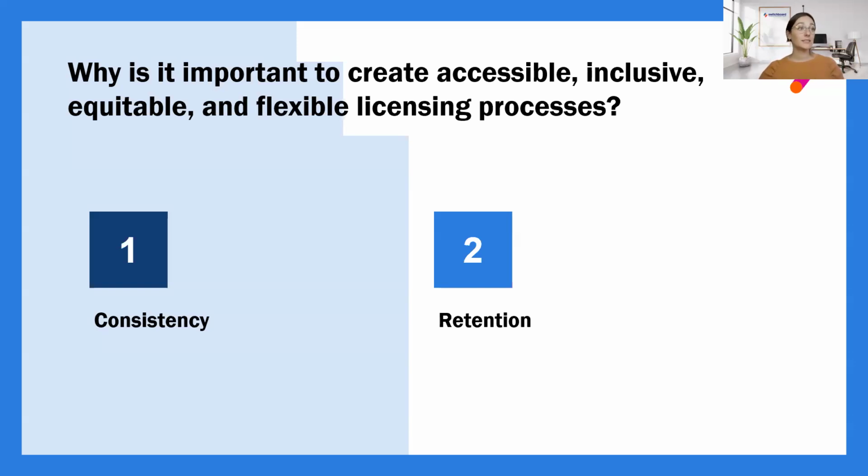Because licensing can be long, it can be intense, unfamiliar, in another language, it might be triggering. We think about the questions that we have to ask folks. You need to have staff and processes that are modeling accessibility and flexibility to ensure retention and access to get licensed.